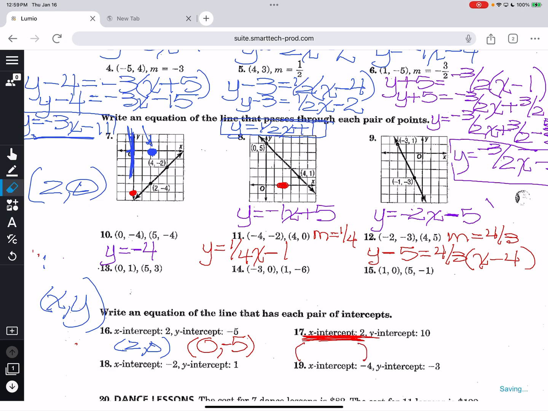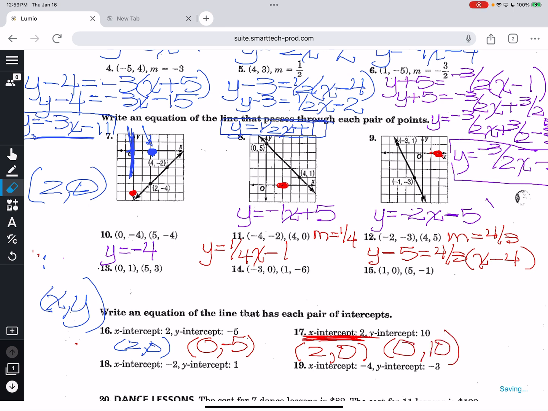If it's an x-intercept of 2, we write 2, 0. What about the y being 10? 0, 10.